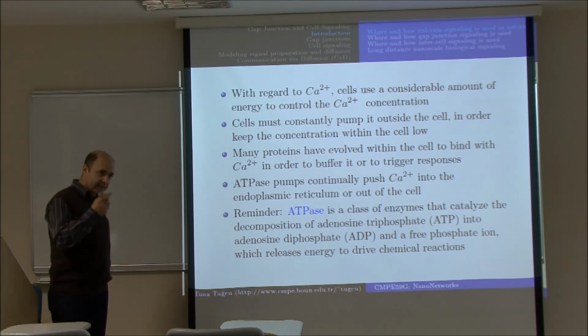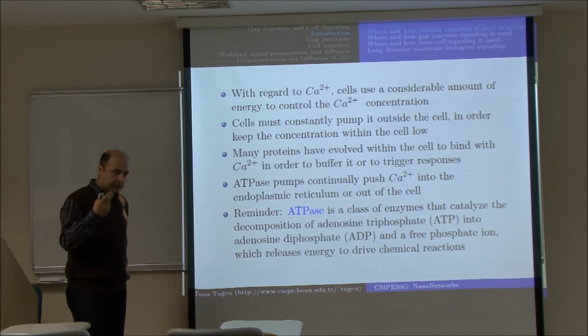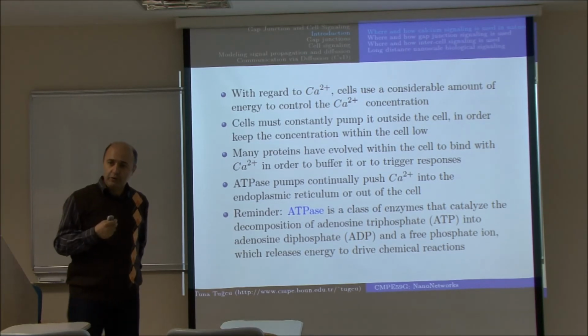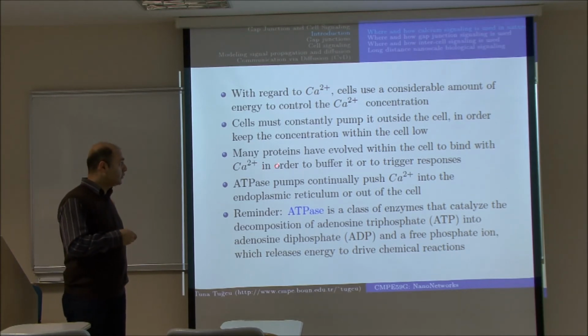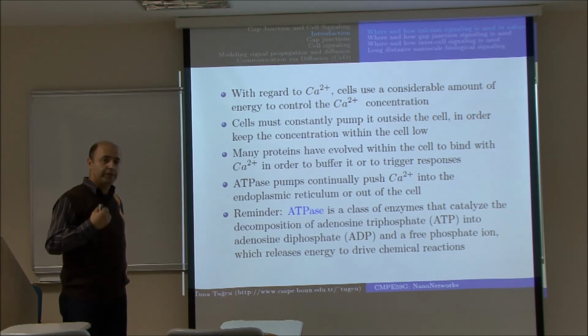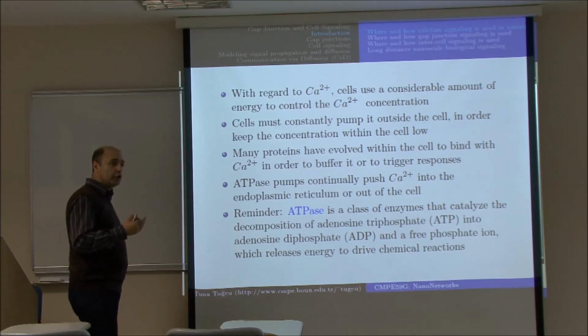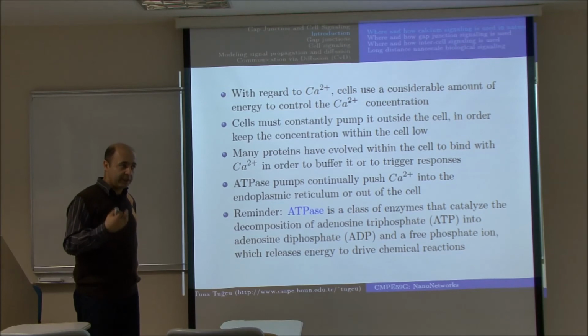So actually, there are two well-known calcium pools inside the cell, the endoplasmic reticulum and the mitochondria, that work as calcium pools able to buffer calcium. So you can trigger these organelles to release the calcium ions they have buffered.